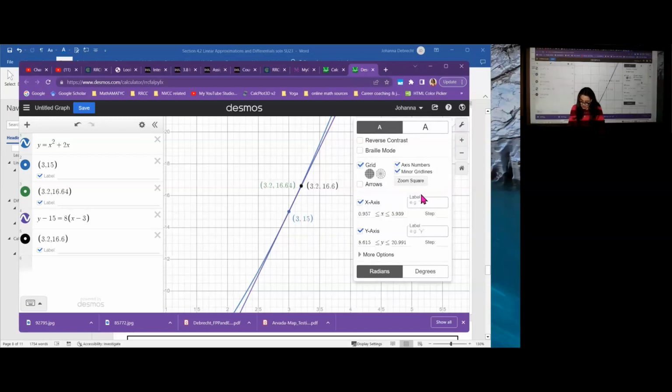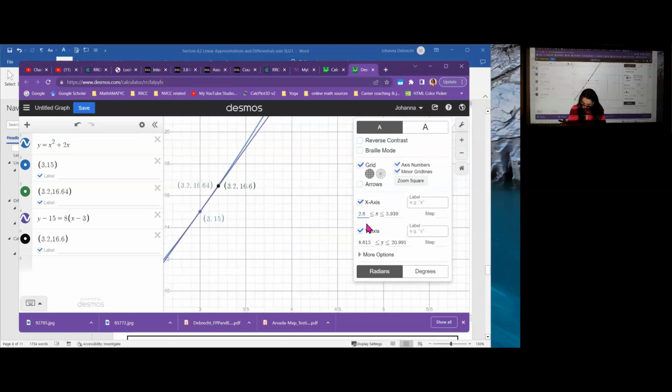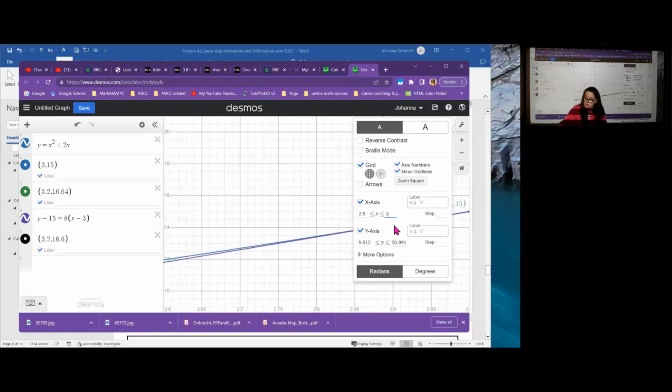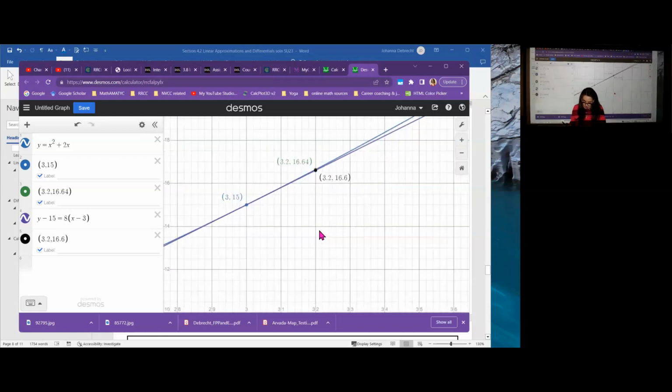Let's now try something closer. Instead of going to 0, let's start at 2.6, and instead of going up to 5, we'll go up to 3.8. Now can we see?